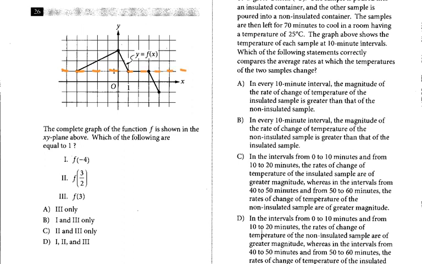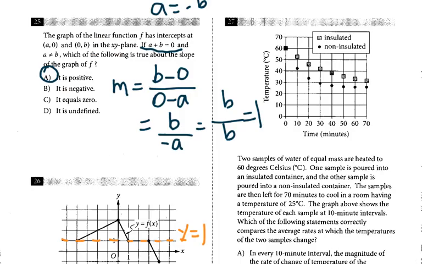This is y equals 1. So I have here 1, 2, 3, 4. Negative 4 definitely is good. And f of 3 over 2, that means 1.5. Yeah, this is good. And 1, 2, 3. Yeah, this is good. So D will be the answer.